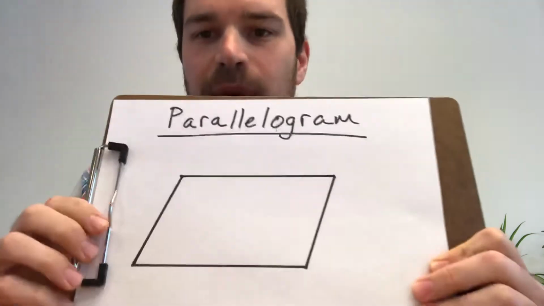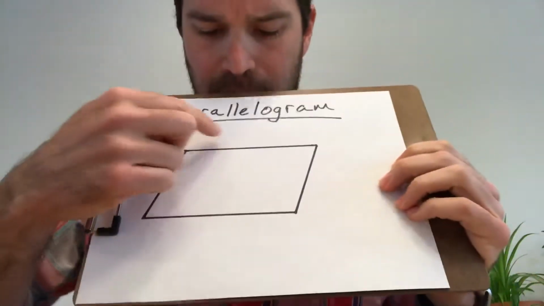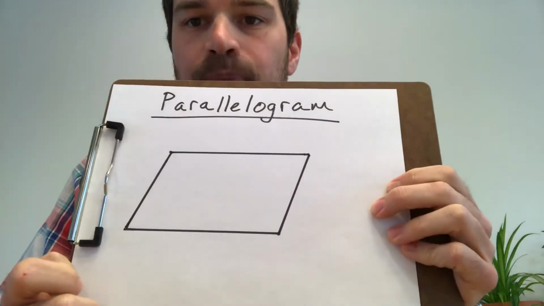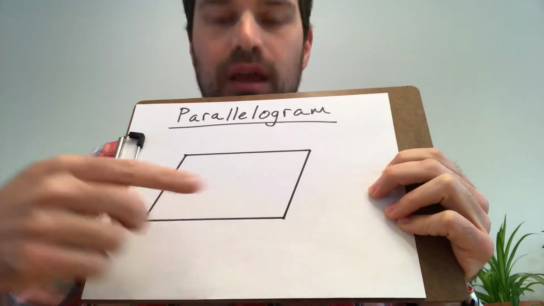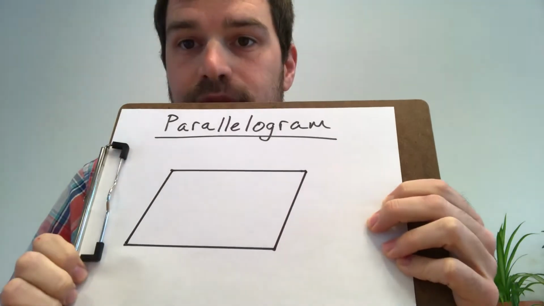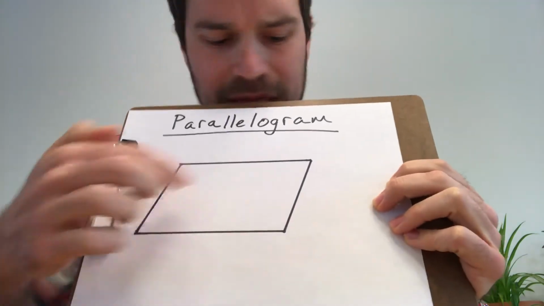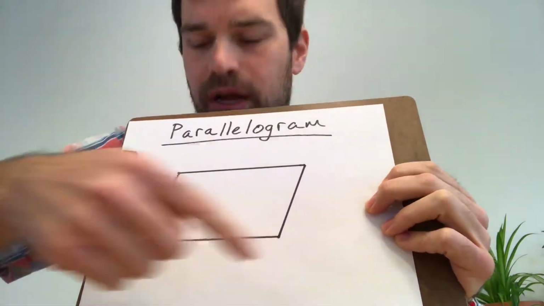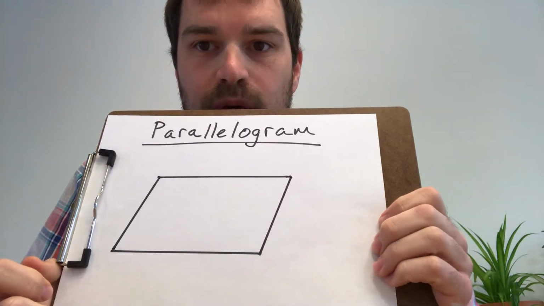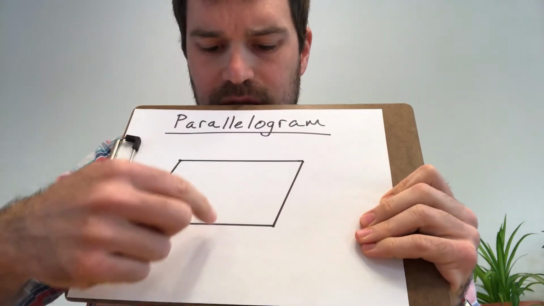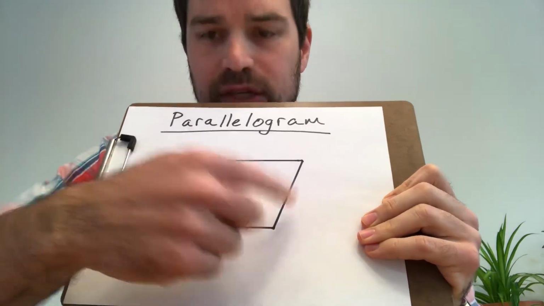Let's think about it in terms of the top and the bottom lines. If these two lines continued on left or right, they would never cross. Same thing with these two lines. If they continued on vertically or down, they would never cross. So these two are parallel and these two are parallel.